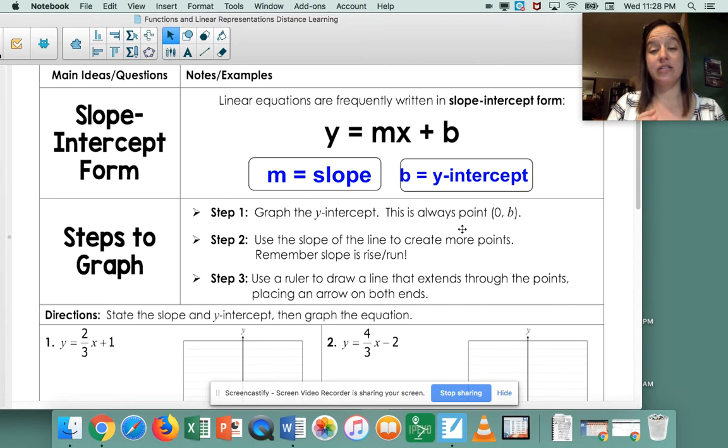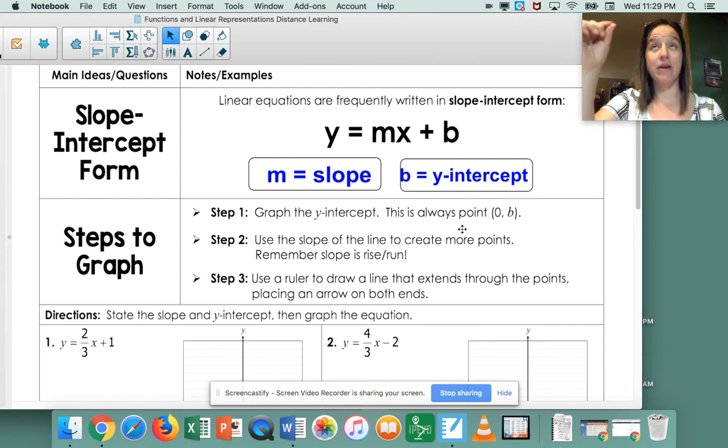If I'm graphing a linear equation that is in slope-intercept form, which is exactly what we're going to be doing today, I can take my y-intercept, plot a point, and then take my slope and do my rise, run, and put another point.